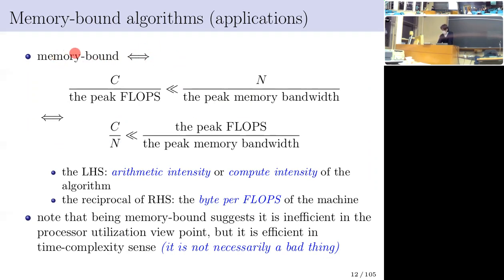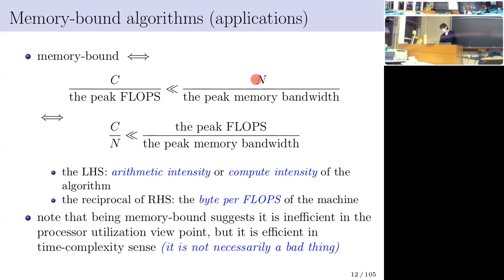The algorithm being memory bound is equivalent to saying n over the memory bandwidth is much larger than C over the peak flops of the processor. If this lower bound is much higher than that lower bound, then the algorithm is limited by the memory boundaries.